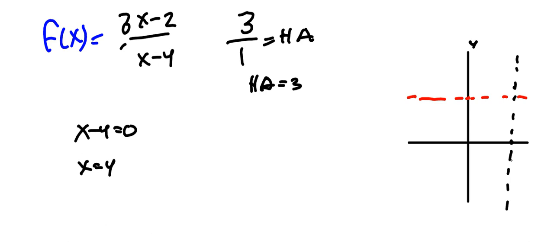So what this means here is that when we graph our function, is it going to be approaching 3 in which direction? So essentially what's going to happen is that our horizontal asymptote is at 3, but in which direction are we going to be approaching it?